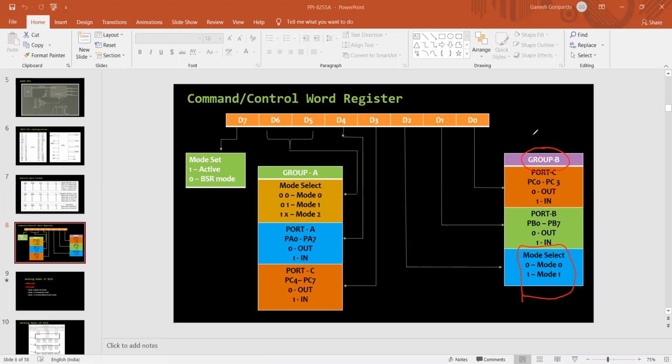The group B can operate in two modes only, mode 0 and mode 1. Whereas this group A can operate in the three different modes. That means mode 2, the bidirectional strobed mode, is restricted to group A itself, that means port A and port C upper part.